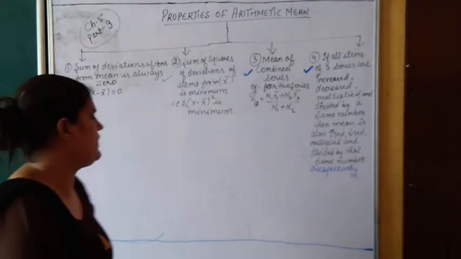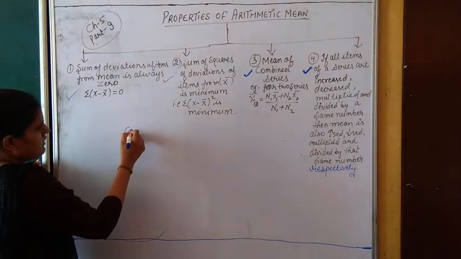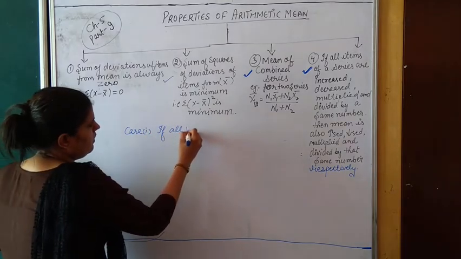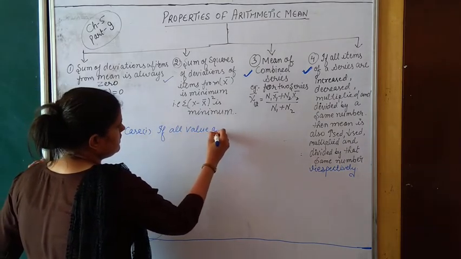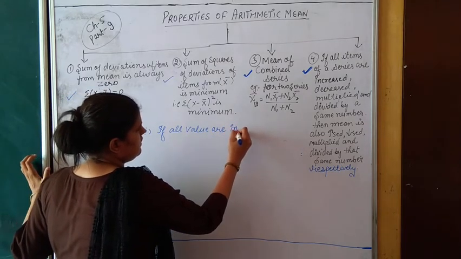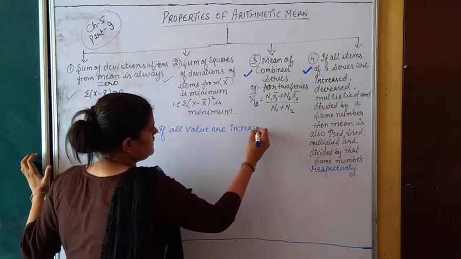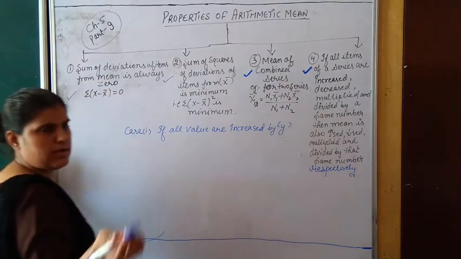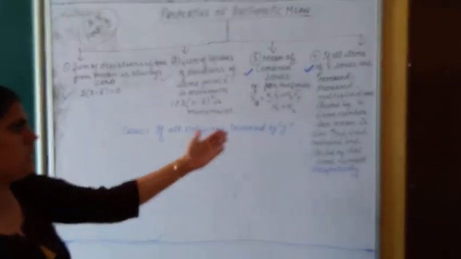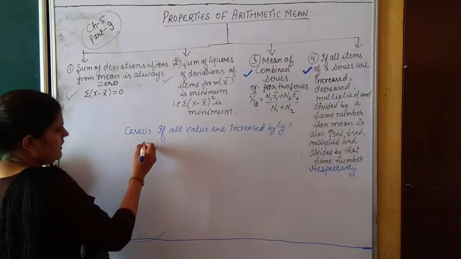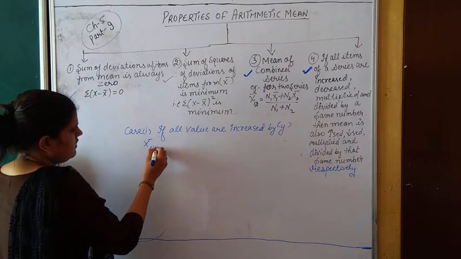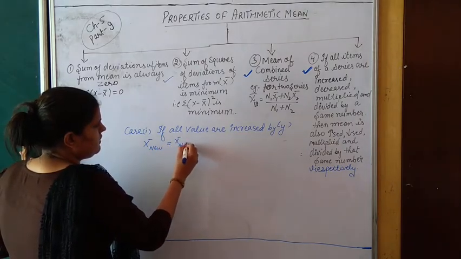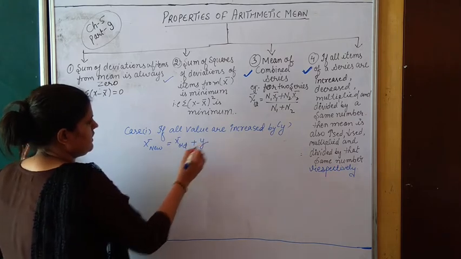In this property, case 1: if all values are increased by y. I am not taking any numerical, I am just writing if all values are increased by y. Then what could be our new mean? Our new mean would be old mean plus y.